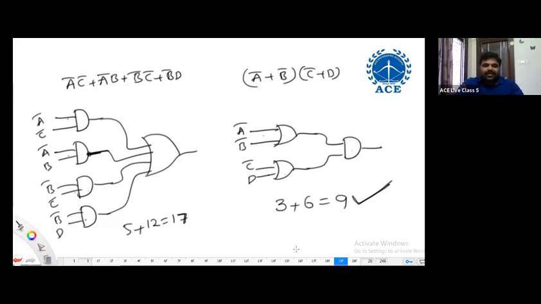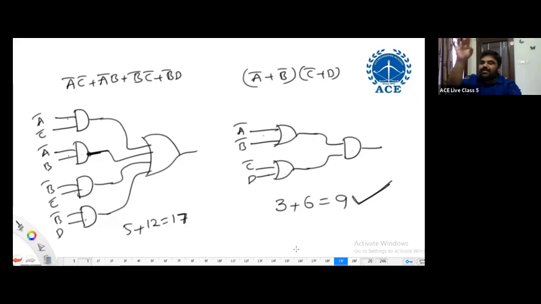Listen. The next level of this is this. Sometimes the SOP minimal expression complexity and the POS minimal expression complexity are the same. Then sometimes, of these two, one may require fewer inverters to get the complementary variables.